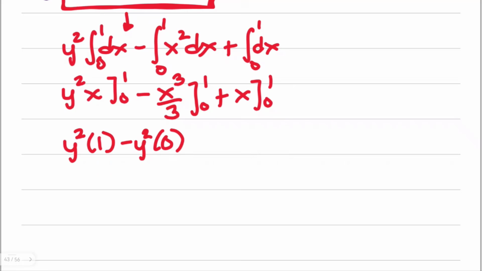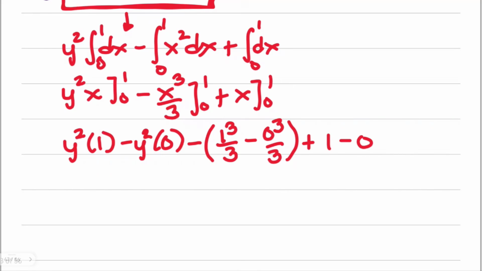For the second term, since the sign is negative, take note to use a grouping symbol: minus 1 cubed over 3 minus 0 cubed over 3, just to be mindful of the sign. And for the last, plus 1 minus 0.